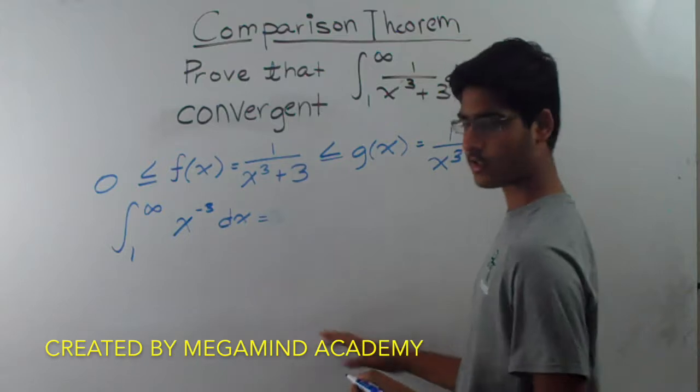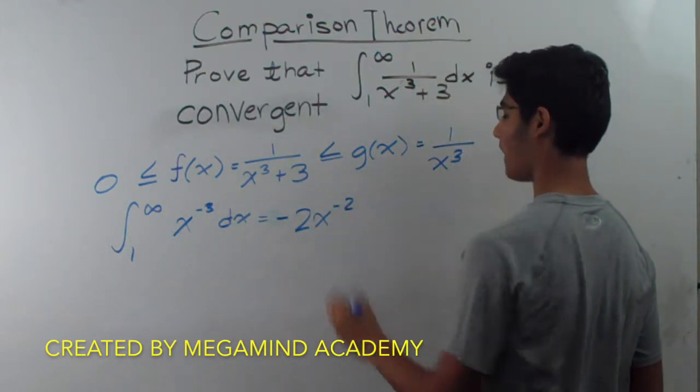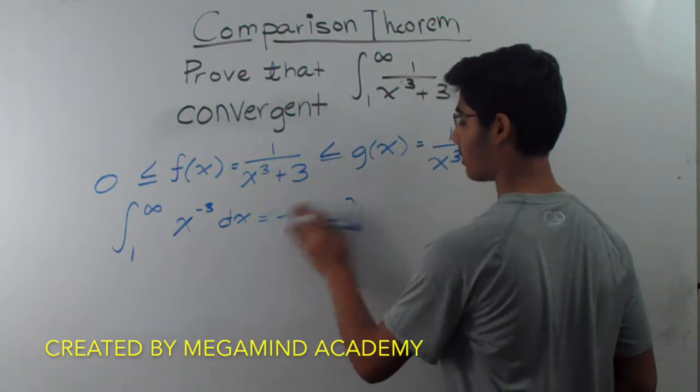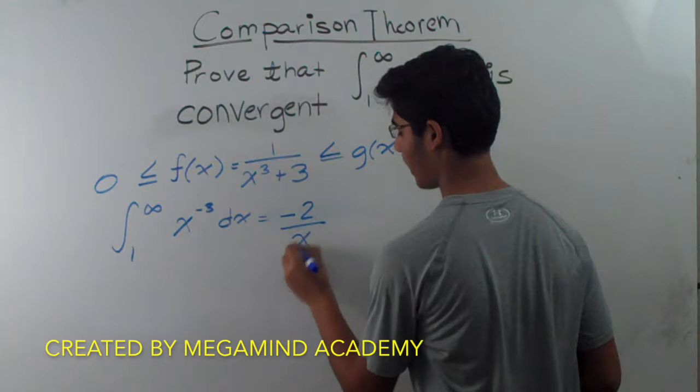That would be equal to negative 1/2 times x to the negative 2 power, or negative 1 over 2x squared.